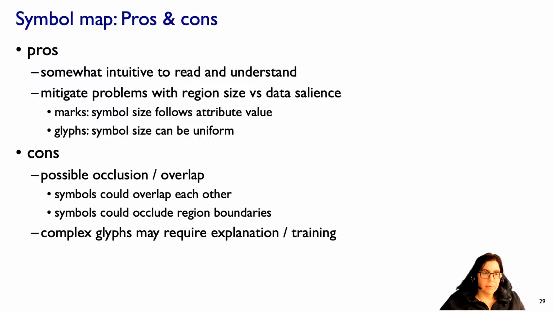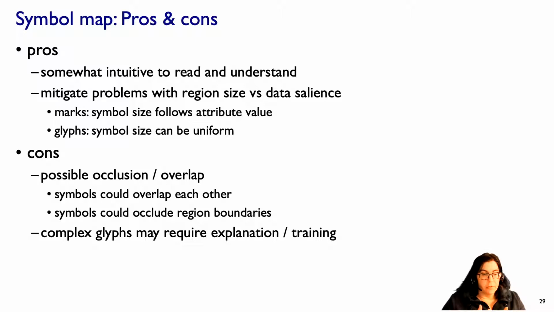And so fundamentally, symbol maps are somewhat intuitive, maybe not quite as intuitive as a choropleth, and they really do mitigate the problem with region size versus data salience, because the symbol size follows the attribute value, typically when you're using marks, and if you're using glyphs, then you can have uniform symbol size, and you don't run into that problem where the small regions get overshadowed.